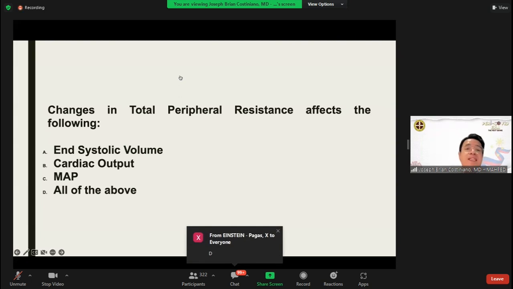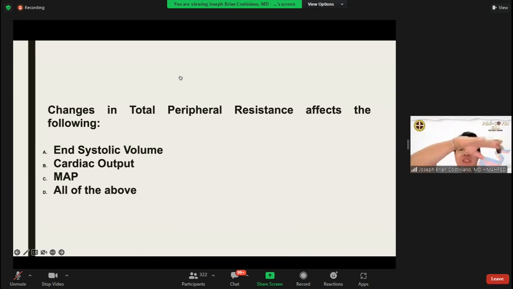So if we analyze it, your end systolic volume is determined primarily by afterload, di ba? Afterload siya. Kasi end diastolic volume is preload. End systolic volume is afterload. Afterload naman is determined primarily by vasoconstriction or vasodilation. So it's total peripheral vascular resistance. So ang letter A is correct.